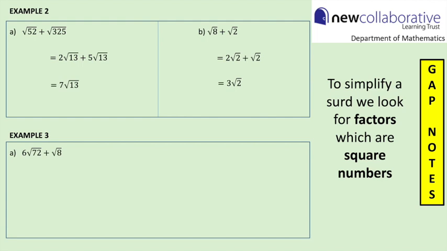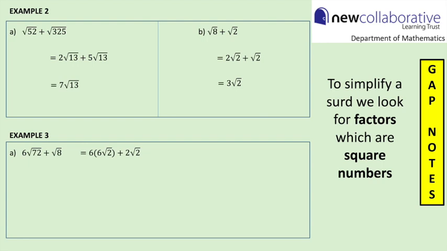And if we look at example 3, we have 6 root 72 added to root 8. Now first we'll simplify the square root of 72 and the square root of 8. Now 72 is equal to 36 times 2, and 8 is equal to 4 times 2, and so we can simplify the square root of 72 into 6 root 2, and the square root of 8 is 2 root 2.